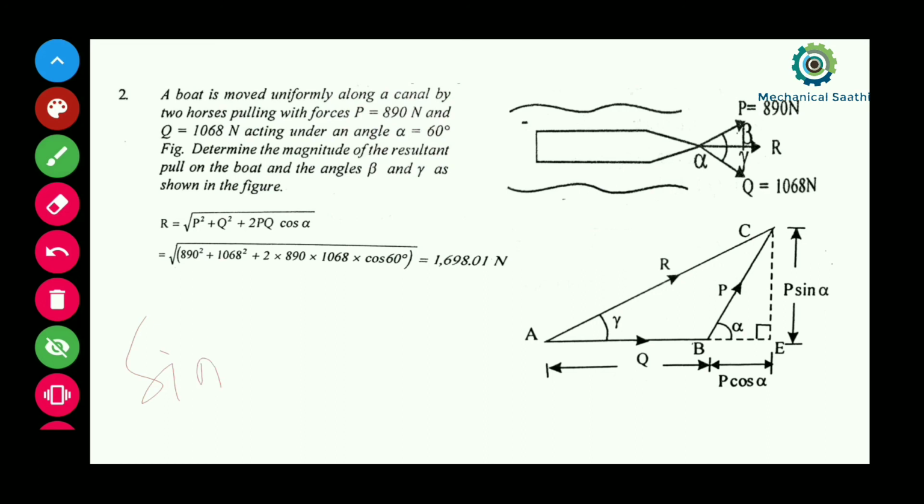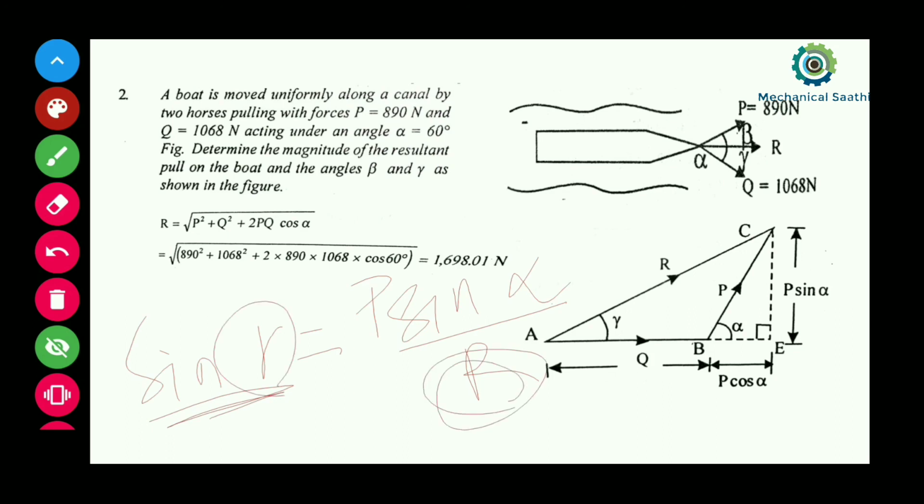Sin gamma will be equal to P sin alpha divided by R. So from here we can see the sin gamma value is known to us, R value is also known to us, and alpha value is also known to us. So the only unknown here is P. So from here we can find out the value of P.